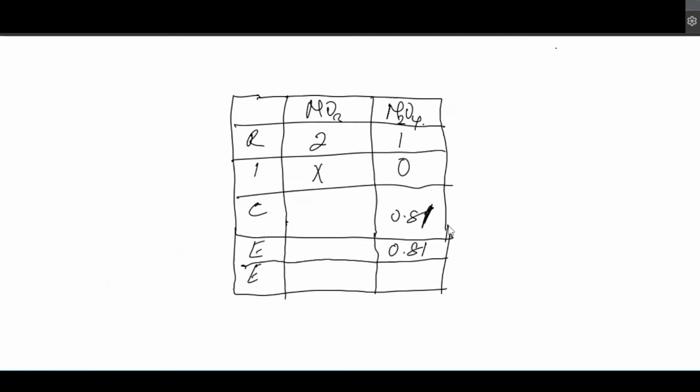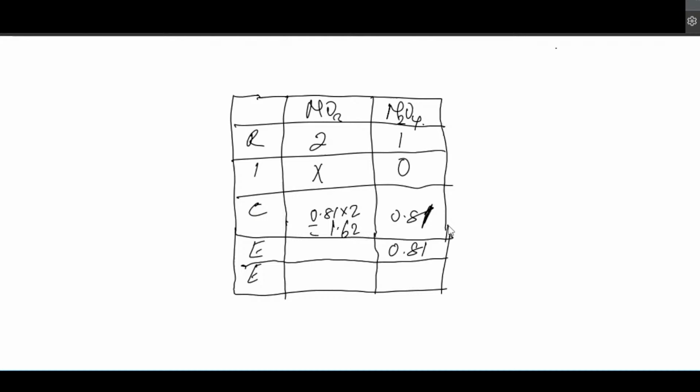If what is produced is 0.81 for 1 mole, what about 2 moles? I'm going to say 0.81 times 2, which gives me 1.62. Those are the number of moles which were used.